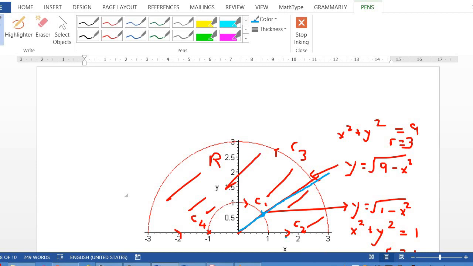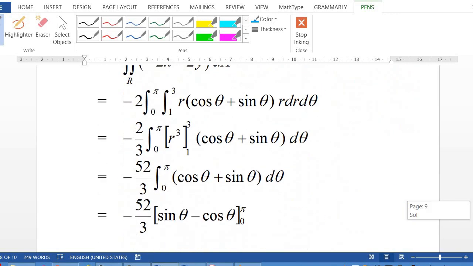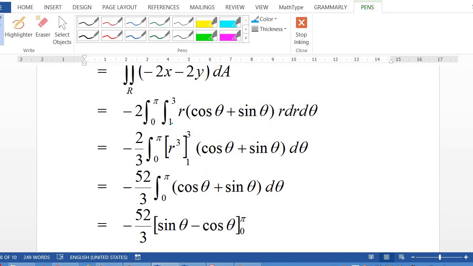So when you rotate, your r is always touching r equal to 1, r equal to 3, from theta 0, then we rotate up to here, until theta equal to pi, because it's a semicircle. That's why the limit of r is 1 to 3, and the limit of theta is 0 to pi.